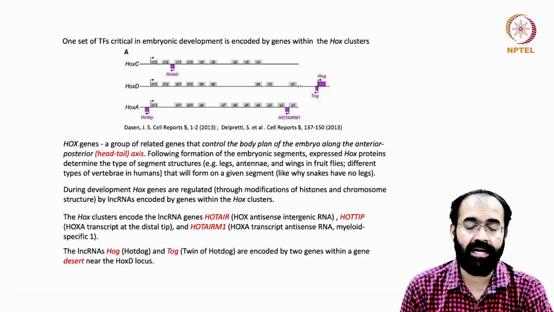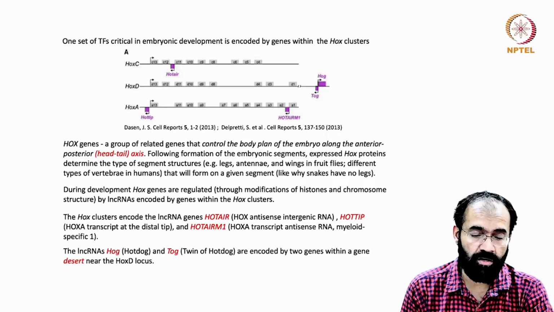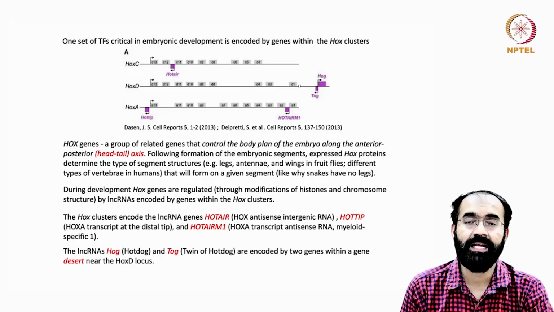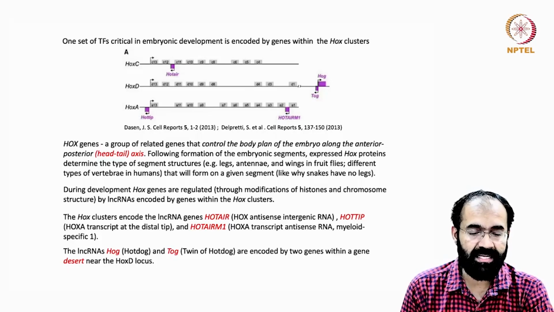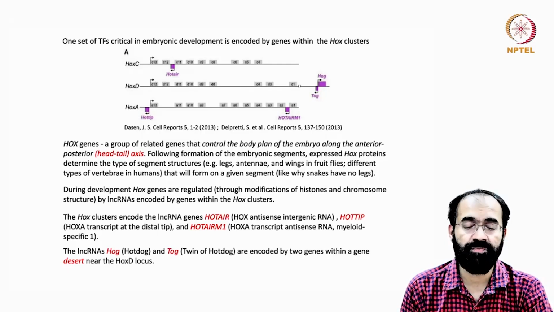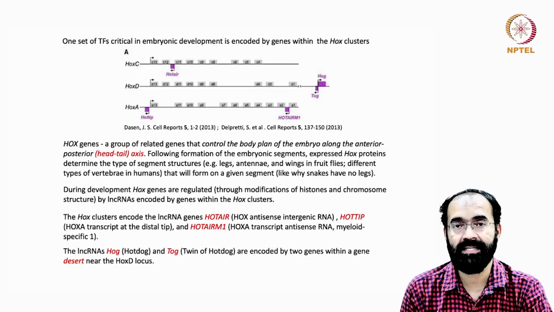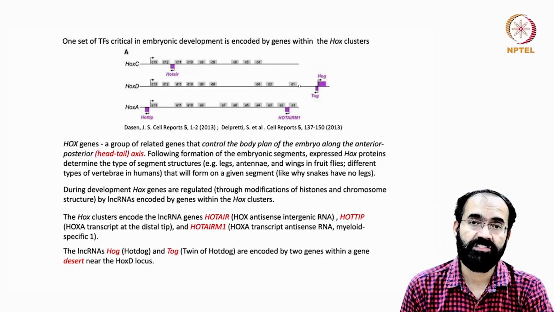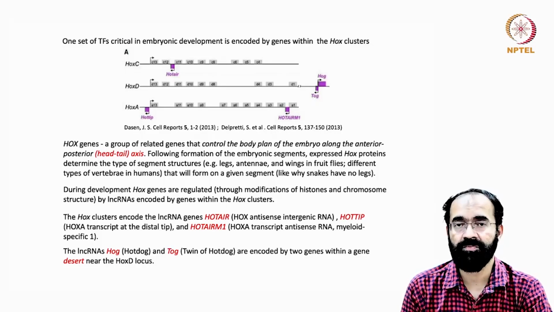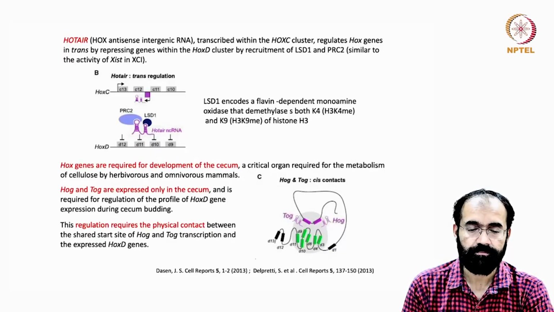So the lncRNA HOG, that is a short form of HOTDOG, and TOG, twin of HOTDOG, are encoded by 2 genes within a gene desert near the HOXD locus. So there are a bunch of non-coding RNAs located in the HOX gene clusters that will influence the expression pattern of these HOX genes.